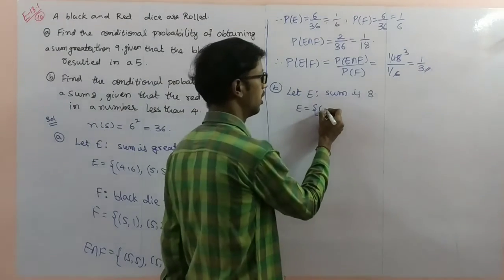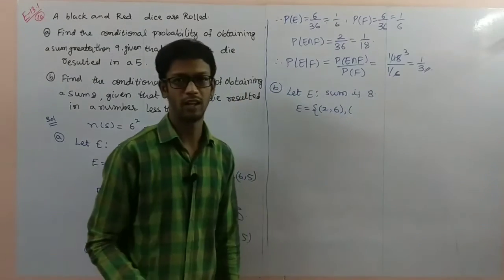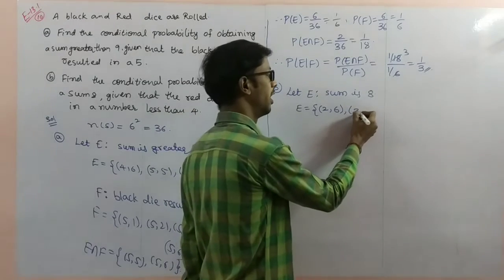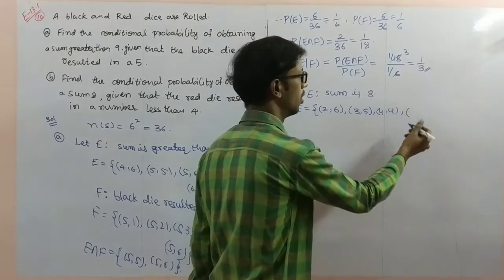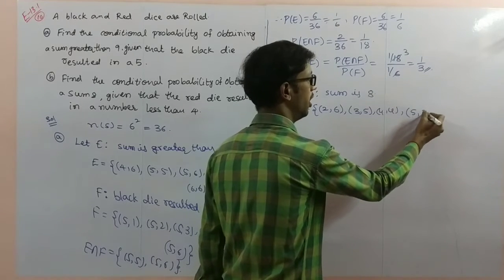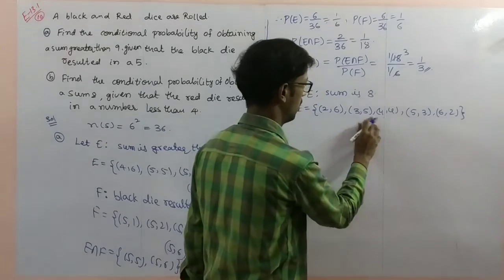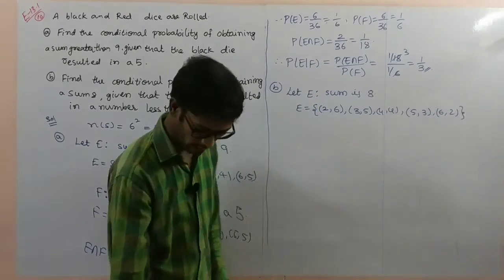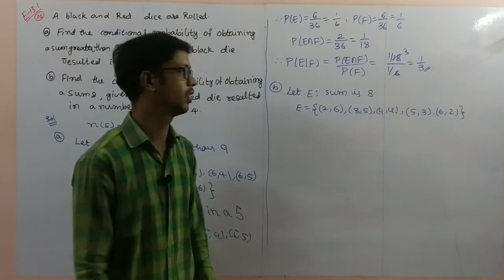So I'll take 2 comma 6, 8 you will get. Next one 3 comma 5, 4 comma 4, 5 comma 3, 6 comma 2. So favorable outcomes of E is 5.